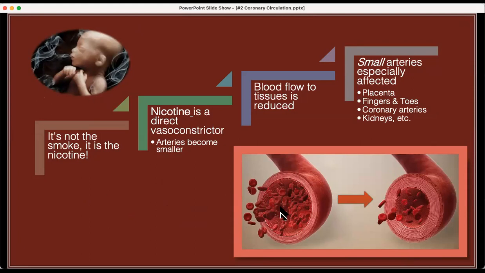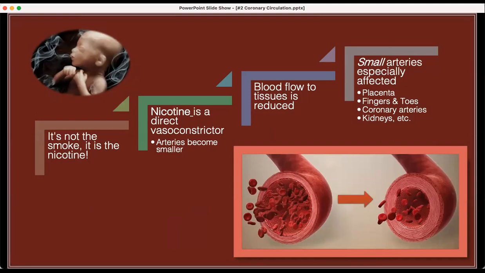This is a depiction of a vessel that's vasodilated, and then to the right showing vasoconstriction, because arteries have a lot more smooth muscle than veins. So they're able to constrict down. With the constriction, you'll see a significant reduction in the amount of red blood cells that can deliver oxygen to the distal tissues.